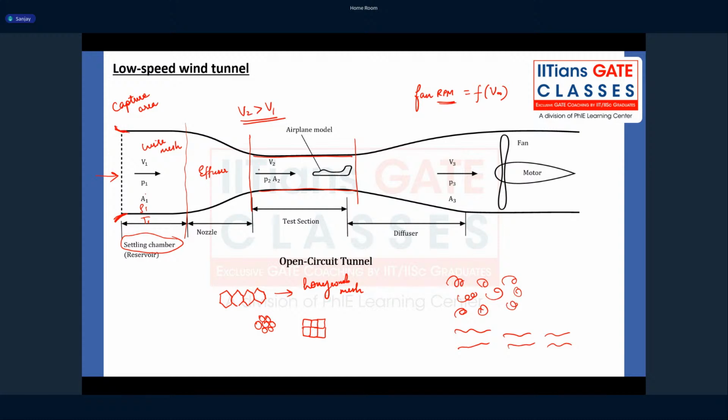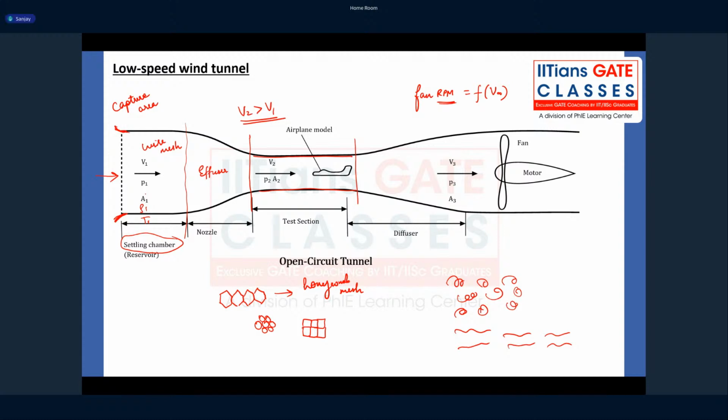And remember, test section is an area which has constant cross sectional area, which means the properties at the inlet of the test section are the same as the properties at the exit of the test section. Without the model I'm talking about. If you place the model, then there will be flow over the model, and it will change the properties downstream. So because it is a constant area test section, at every station the properties are the same. It's a uniform flow.